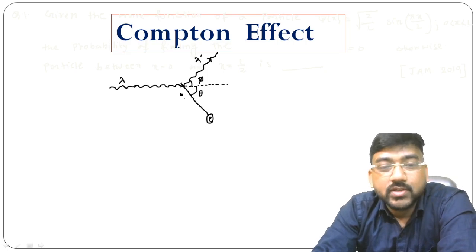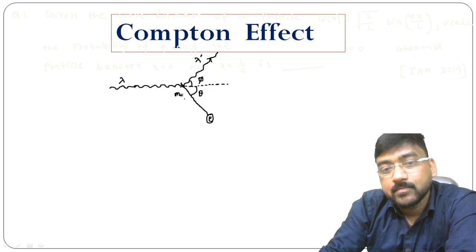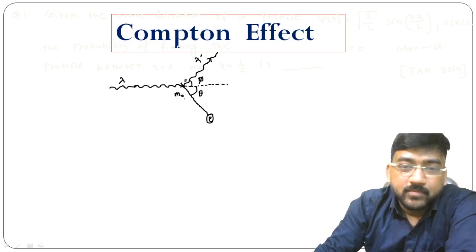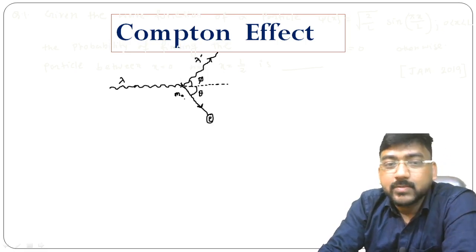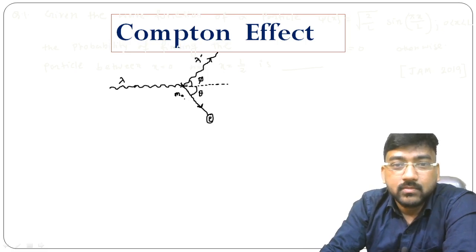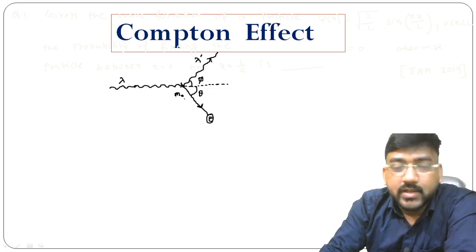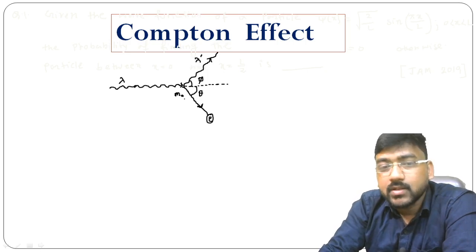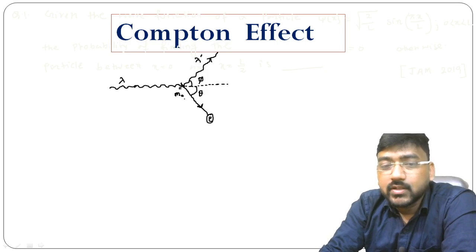Okay, so now let us take momentum conservation and energy conservation, as we know from classical collision theory. Suppose the rest mass of the electron is m0, and this electron is taken as free because the kinetic energy of this recoil electron is so high with respect to the binding energy of this electron within the atom. So the electron has very little binding energy with respect to its kinetic energy, so we can assume that this electron is free. But if this electron is not free, then the case will be different.